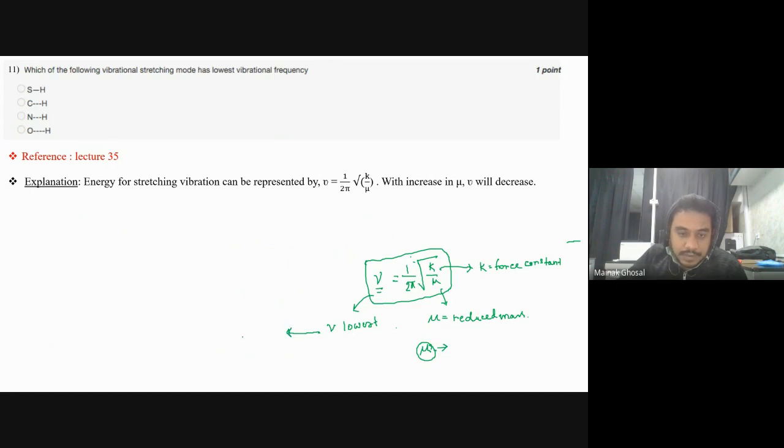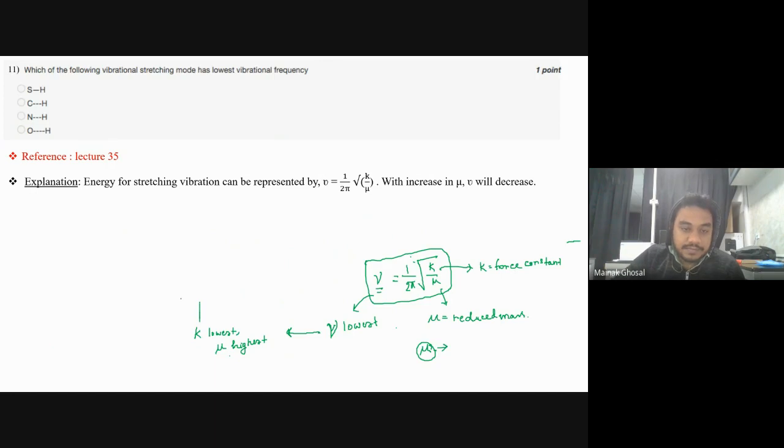So nu lowest means your k will be lowest, and your mu needs to be highest, because mu is in the denominator. So for nu to be the lowest, k needs to be the lowest and mu needs to be the highest.